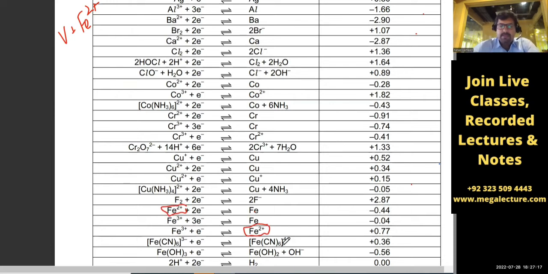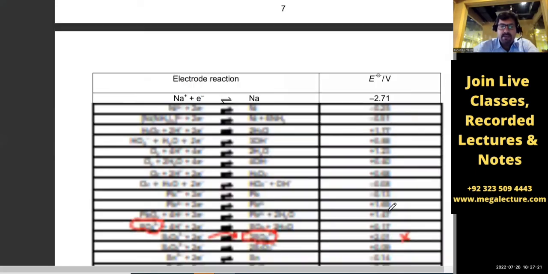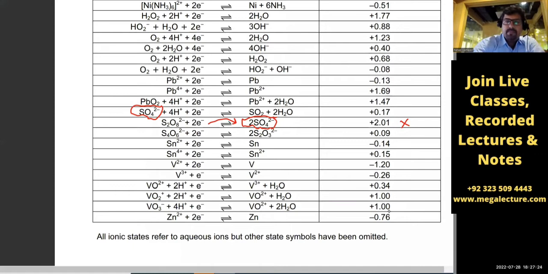Look at the potentials of both, 0.77, 0.44, and vanadium, right? You've got vanadium on the complete opposite side. Look at vanadium. That's a lower potential. What does a lower potential do?